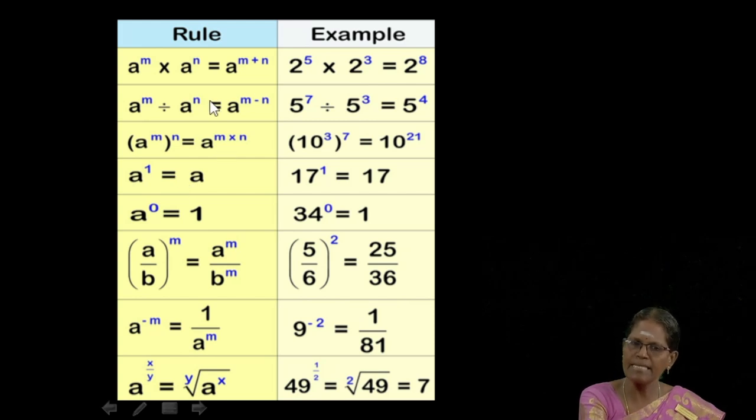So when the base is same, if the indices are to be multiplied, they are added. If the indices are to be divided, then in the answer it is a to the power m minus n. When we say a to the power m, the whole power n, both m and n can be multiplied. And we should keep in mind, a to the power 1, that is the power 1 of any number, is the same number. And the power 0 of any base is always 1.